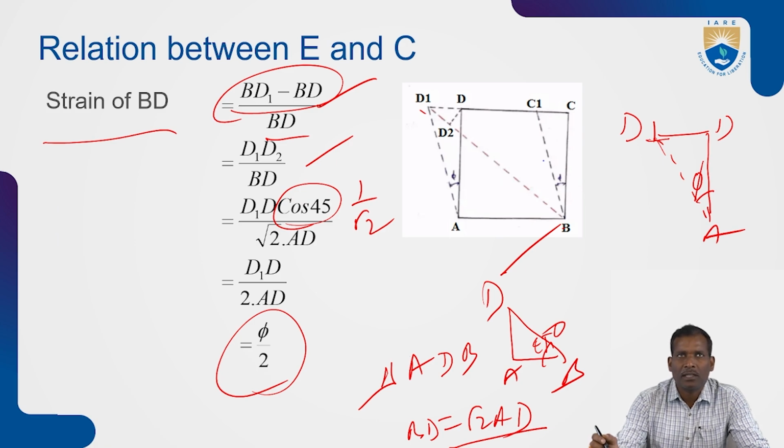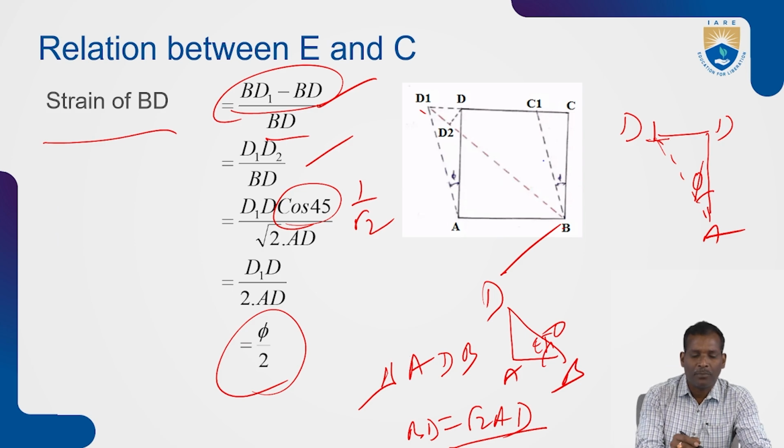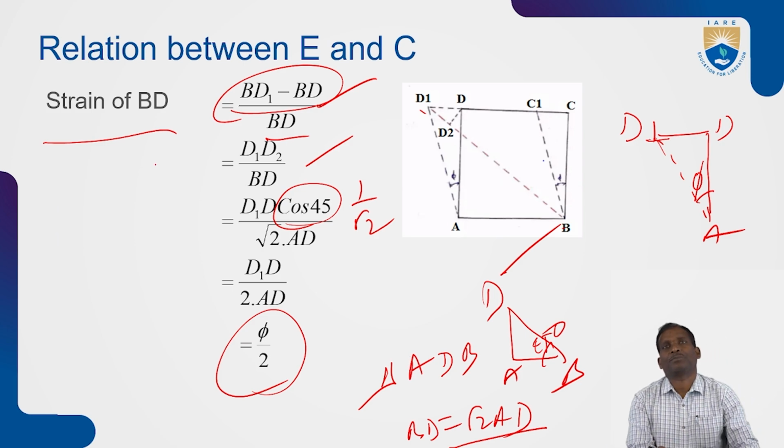Now the strain of BD is equal to phi by 2. D1D by AD is opposite by adjacent, so tan 45 is equal to 1. So you will get phi by 2.